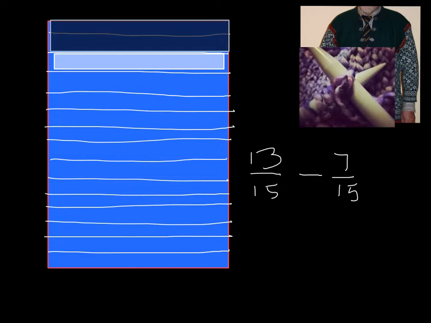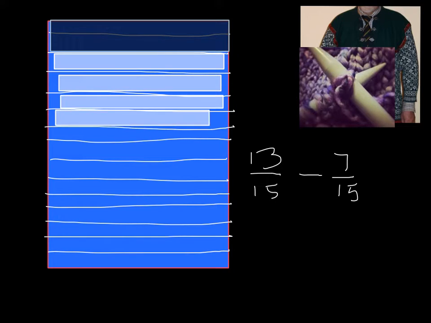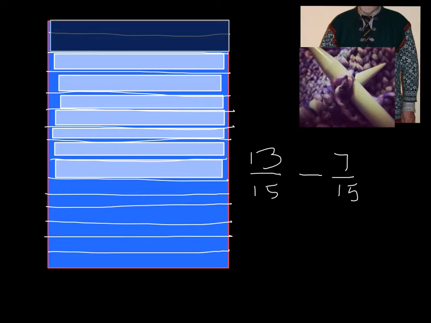So there's 1 and 2 and 3 and 4 and 5 and 6 and 7. So now this is the parts of the sweater that you have already done. So this is what we have left that you need to complete.